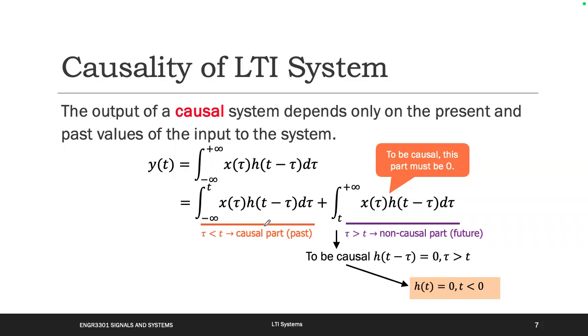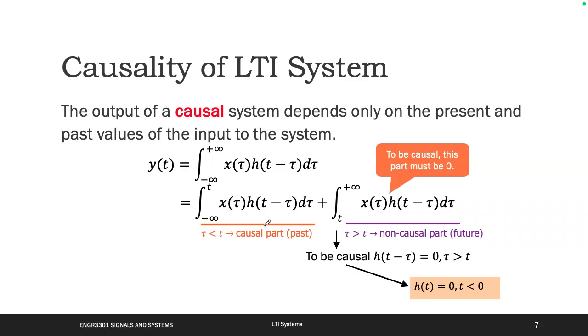Then h(f) equals 0, where f is t minus tau, if tau is greater than t, then t minus tau is smaller than 0, am I right? So this is f, which means f should be smaller than 0.